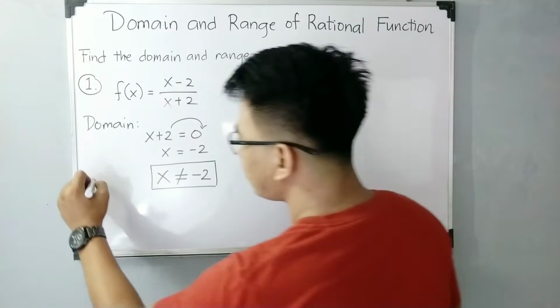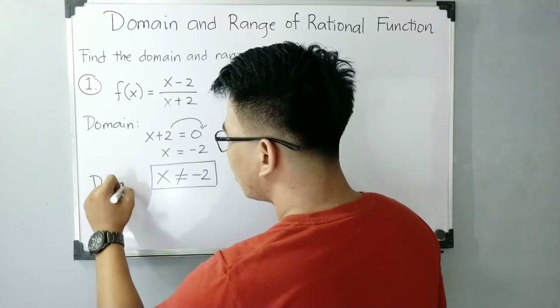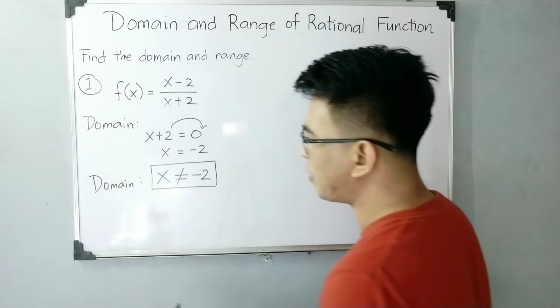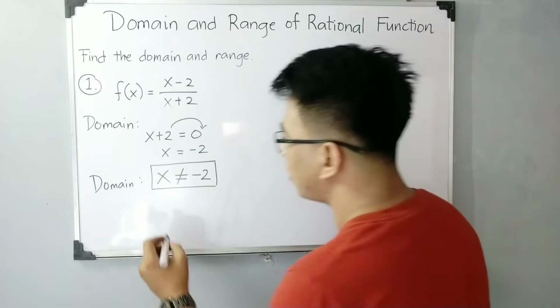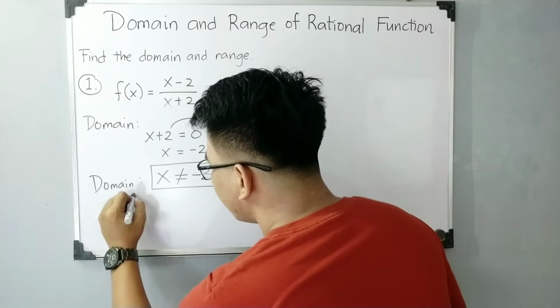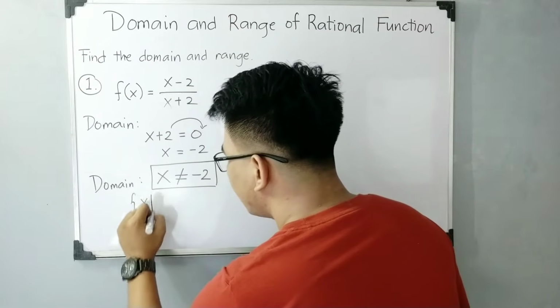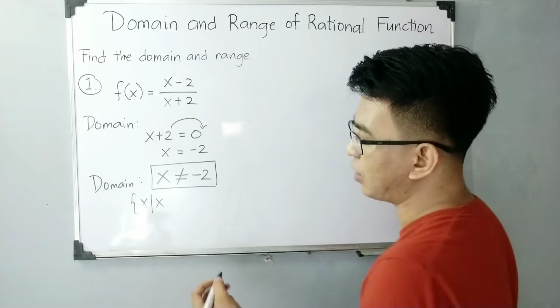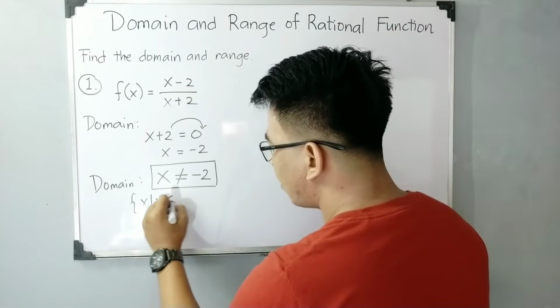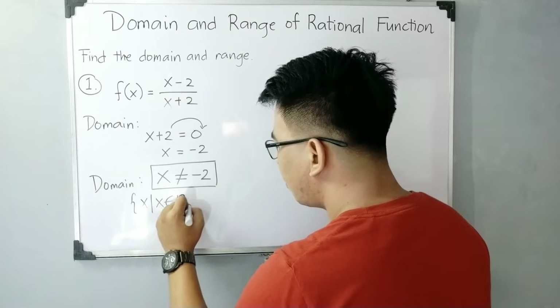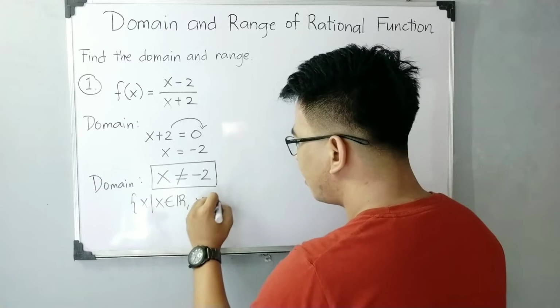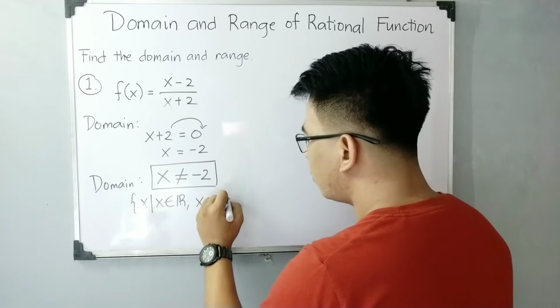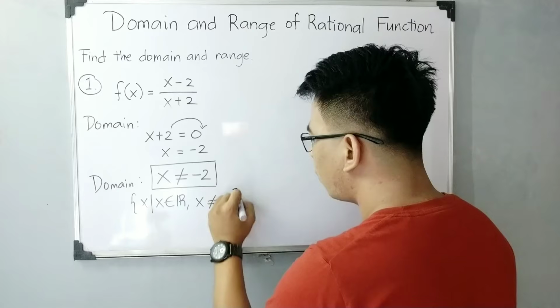Another way to represent this into set builder notation, we can write it as x such that x, if your teacher asks for it, is an element of all real numbers wherein your x is not equal to negative 2.